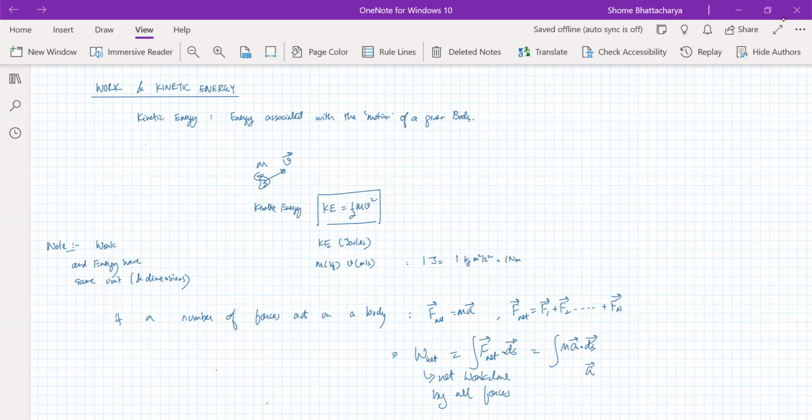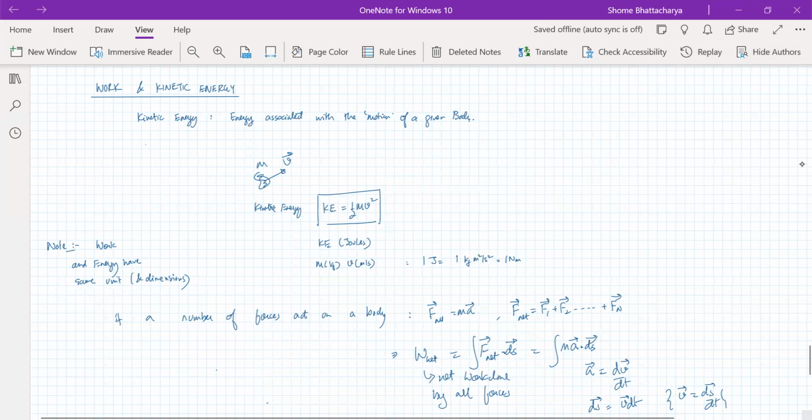Now acceleration can be written as rate of change of velocity, and ds can be written as velocity into dt. So in a small time dt, the displacement is v dt, because instantaneous velocity is ds by dt.